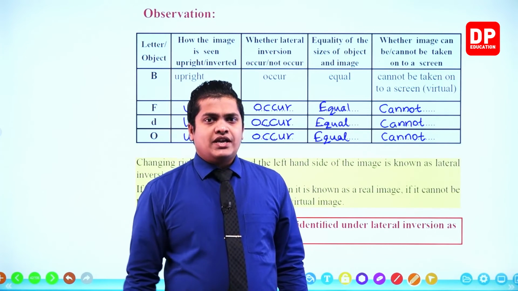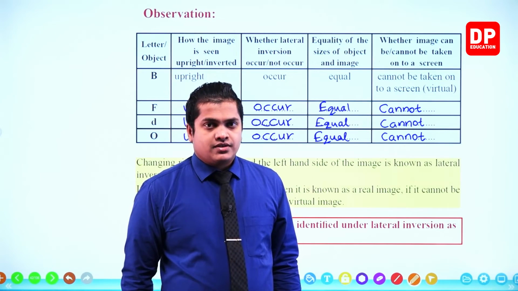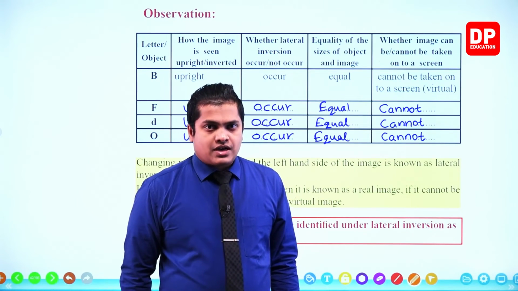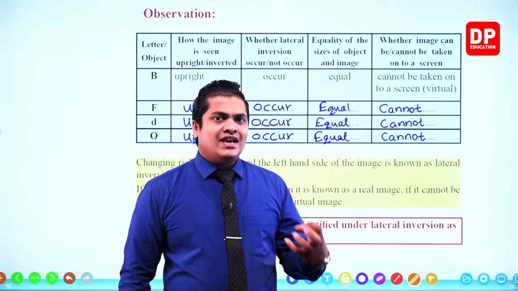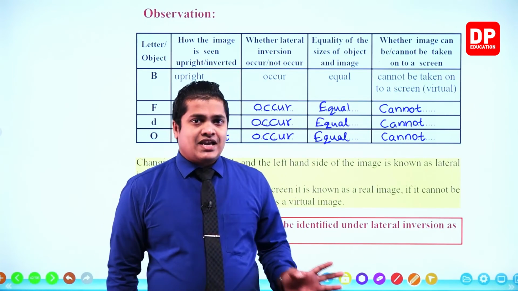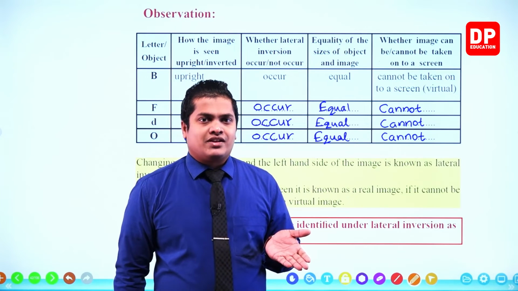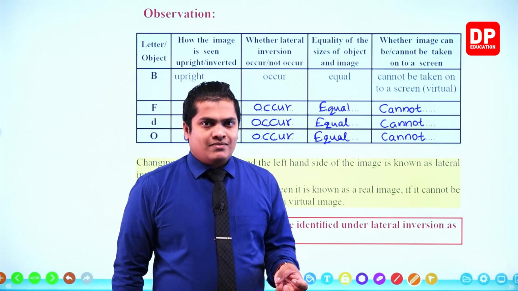Those kinds of images, created by concave mirrors, are referred to as real images, because the image can be taken onto a separate screen. However, these things cannot be taken onto a separate screen. Therefore, these images are virtual images.